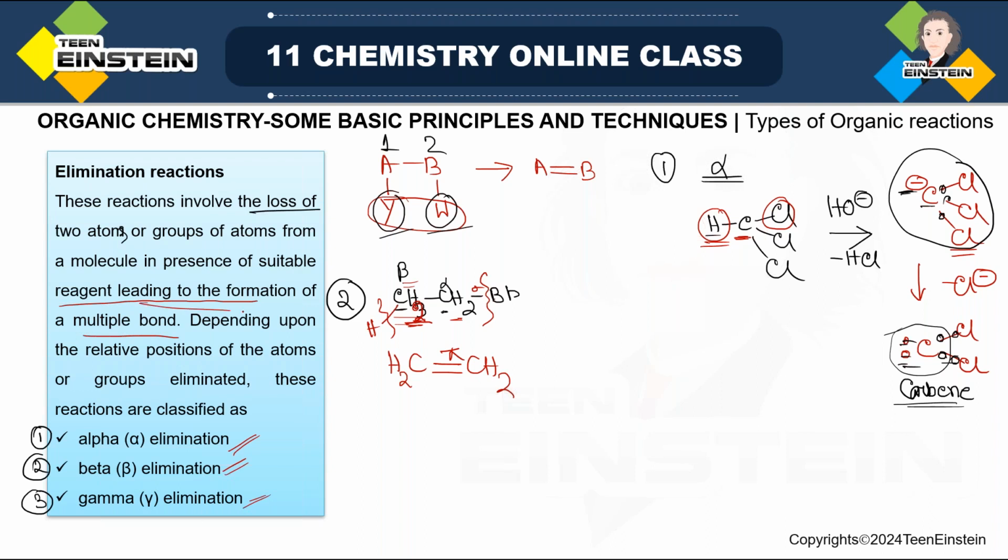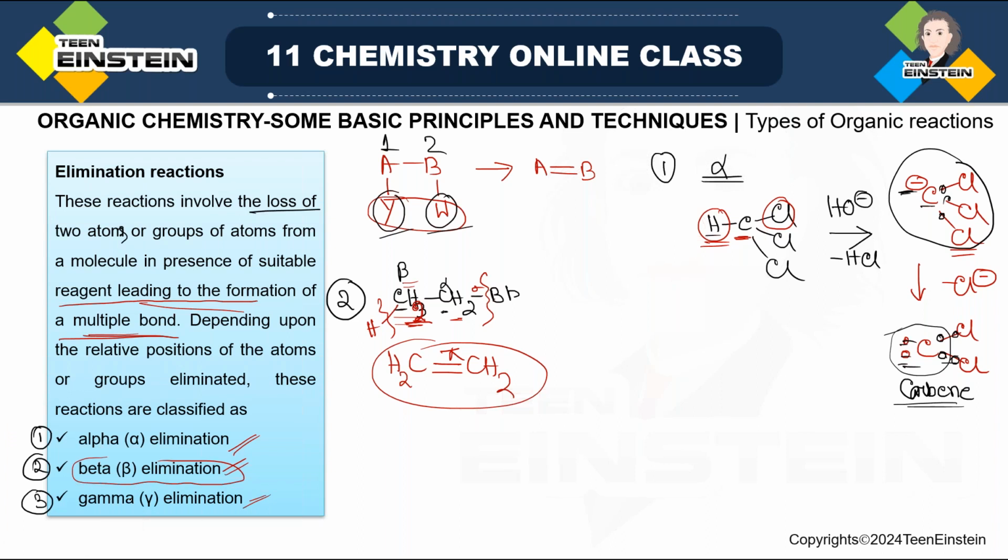That means here it is leading to the formation of a multiple bond. Though we are saying multiple bond, it is mainly for beta elimination, because in the previous example of alpha elimination, there is no generation of a multiple bond. So it is exclusive to beta elimination only.